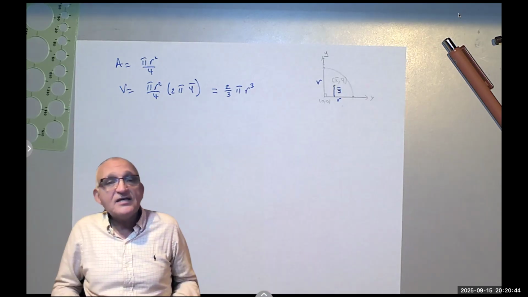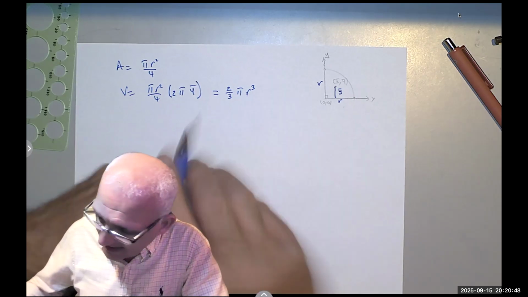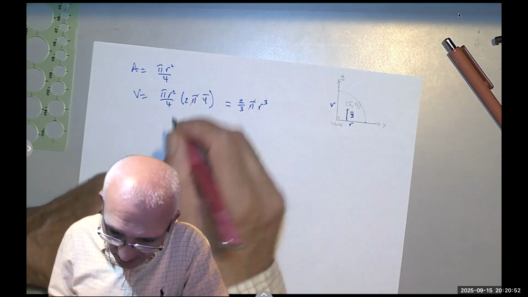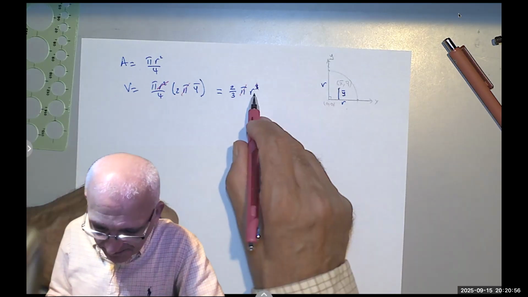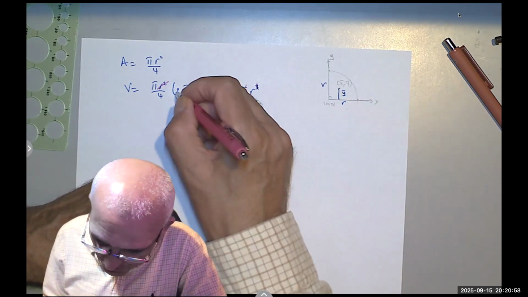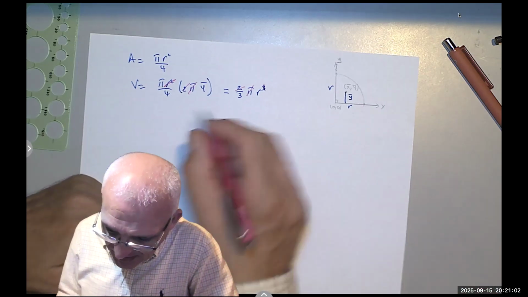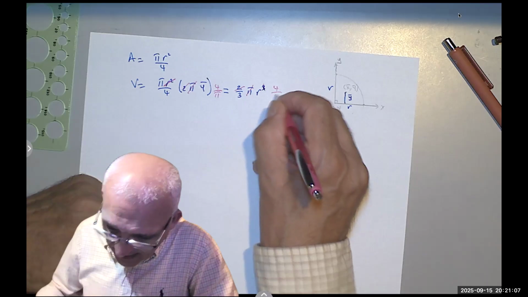Now, equating and solving for y bar, we will get the following. I can cancel pi with pi, r squared with the cube, leave that as r, 2 and 2. And then multiply both sides by 4 over pi.